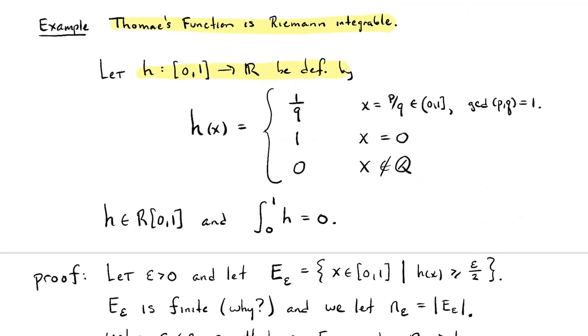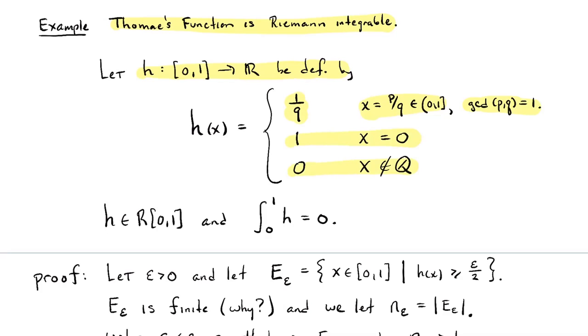Do you remember how it works? h is defined on the interval from 0 to 1. If you take a rational number in lowest terms, that's what that greatest common divisor is for, so some rational number p over q in lowest terms, then h of it is 1 over q. If that rational number is not 0. If the rational number is 0, I'll just say h of it is 1. And then if you take an irrational number, h is 0.